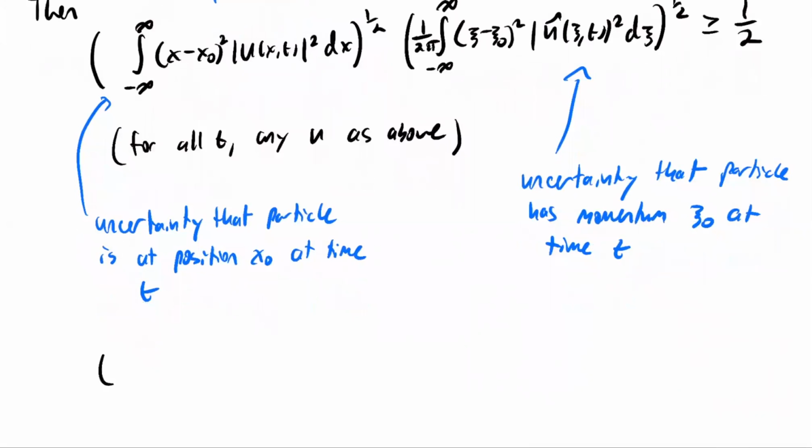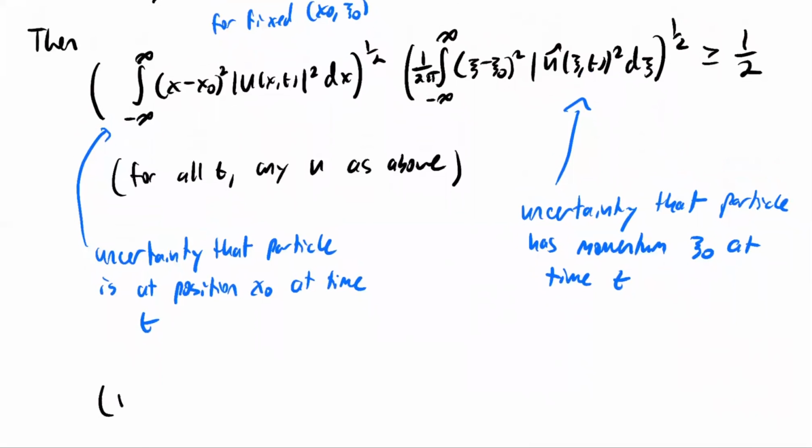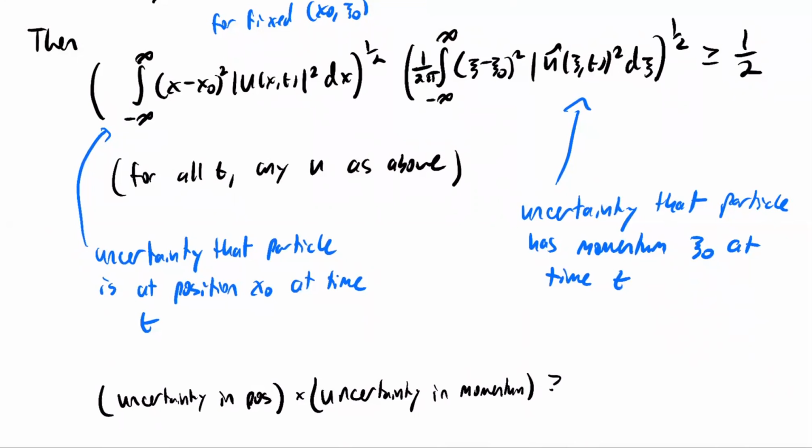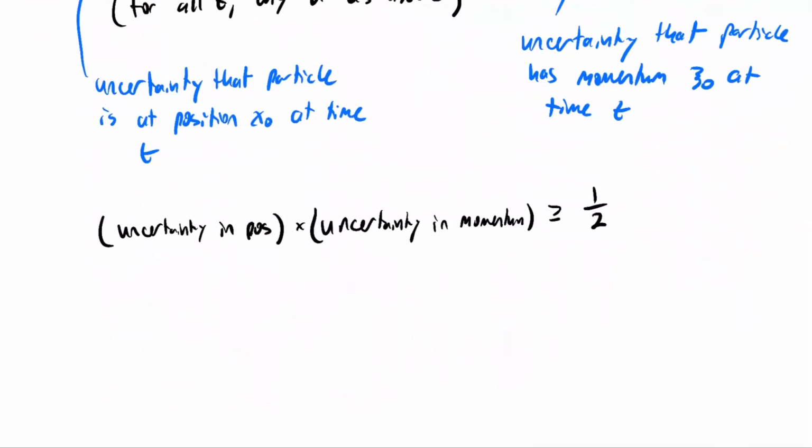But anyway, moving on, what does this actually say? The first term on the left is the uncertainty in position, and the second term on the left is the uncertainty in momentum. And this inequality says that the product of these two quantities always has to be bigger than or equal to 1/2. So this says that they can't both be small.